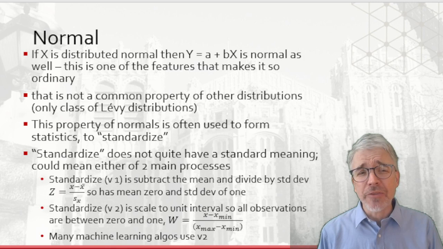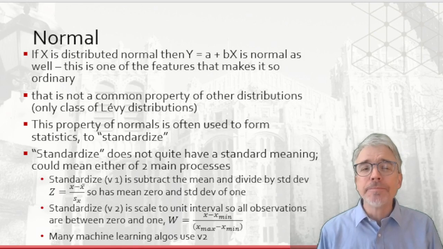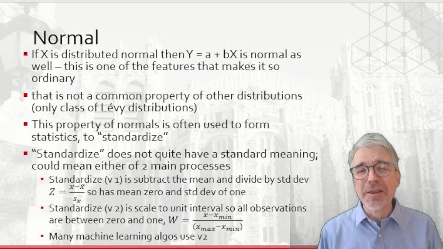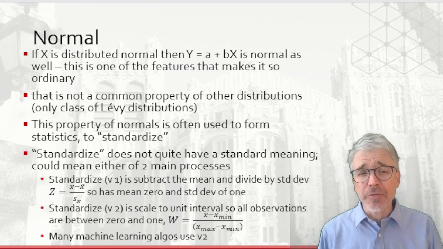Now, one of the things that makes the normal distribution kind of special, and because it's special, we see it more at the time, and it's more common, i.e. normal. Anyway, a linear function of a normal variable will itself be normally distributed. If x is normally distributed, then y, defined as a plus bx, is going to be normal as well.